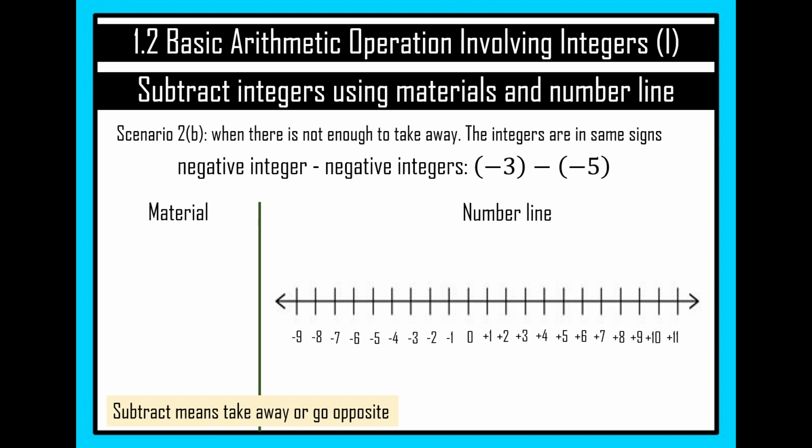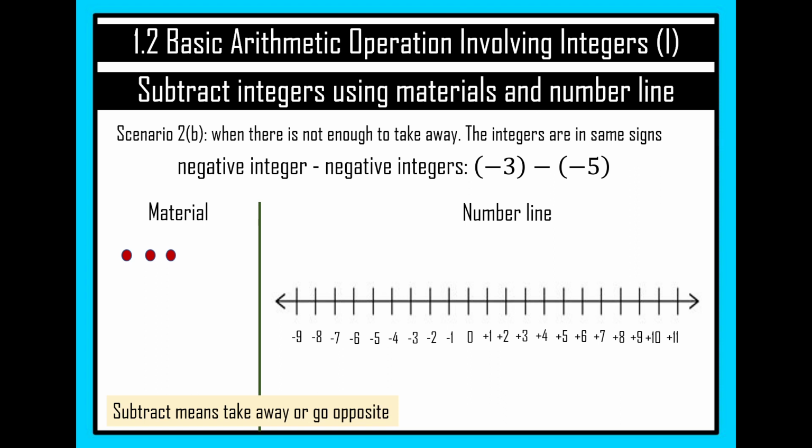Again, this is the situation where there's not enough to take away, but this time the integers are in the same sign, which means negative minus negative. So let's see, negative 3 minus negative 5. Negative 3 is 3 red circles, and I need to take away 5 red circles.